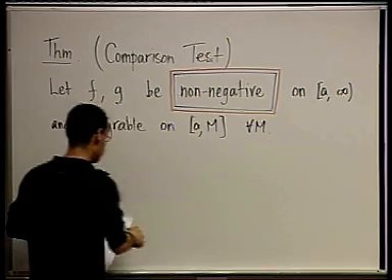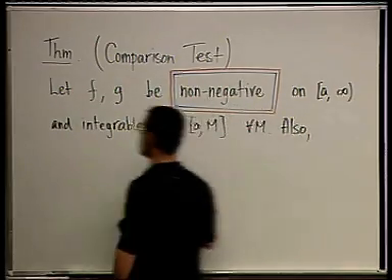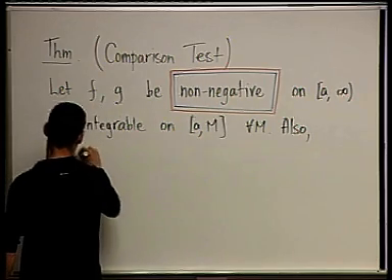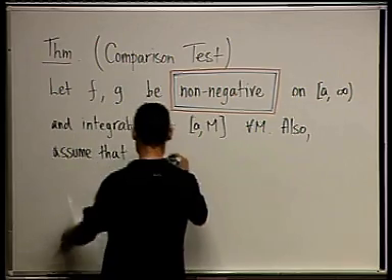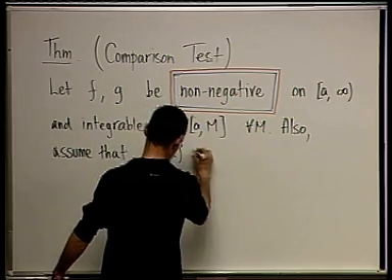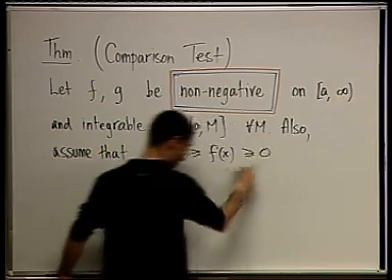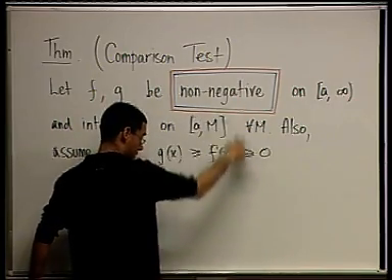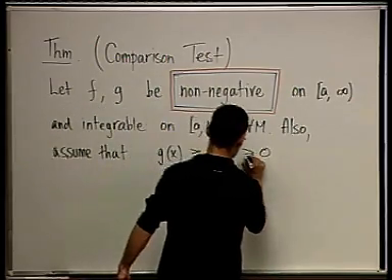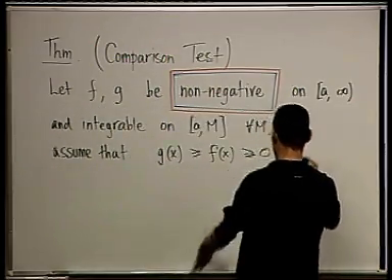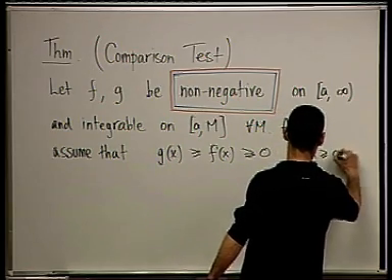Also, assume that g is greater than or equal to f and greater than or equal to 0. This is just emphasizing this fact again, for every x greater than or equal to a.